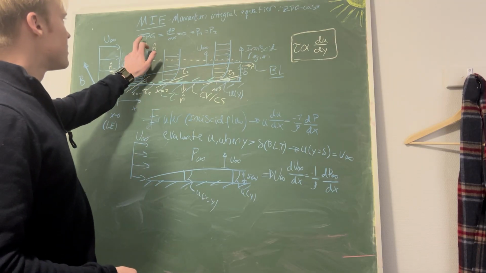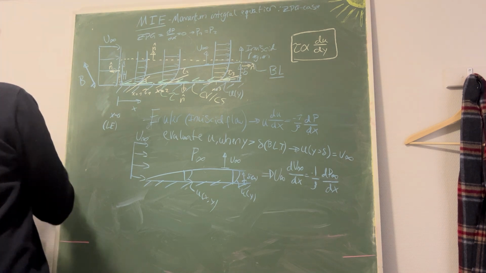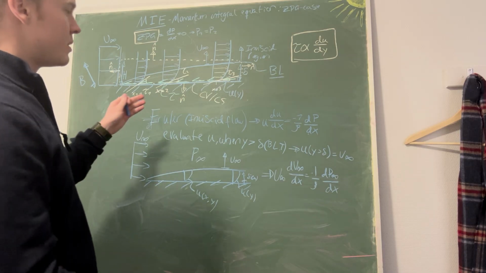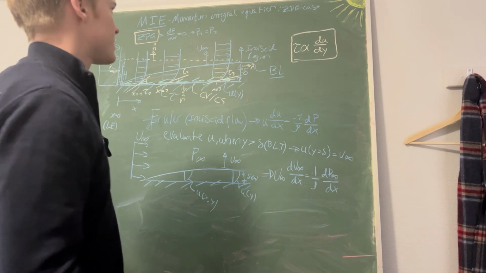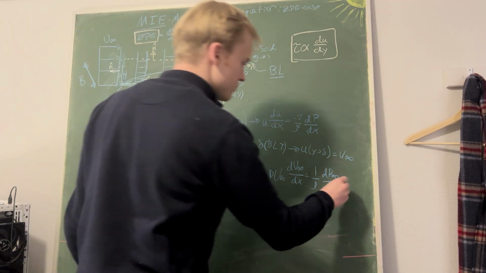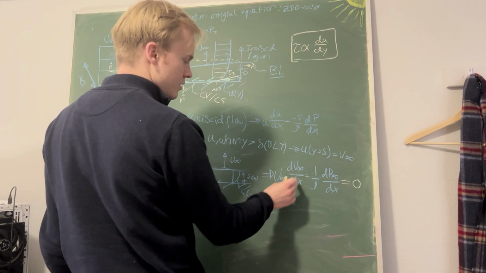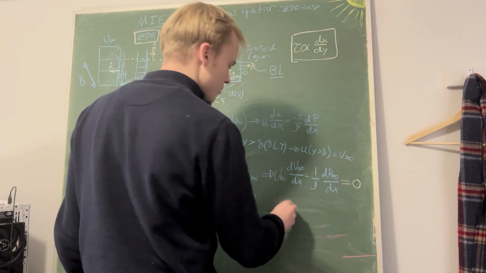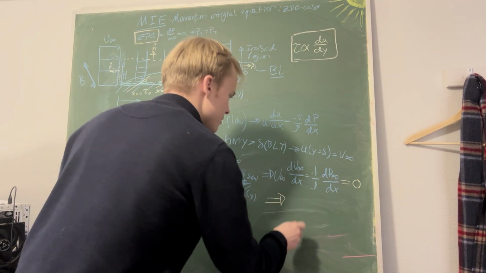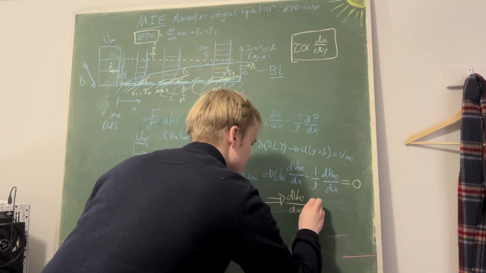Well, it's a ZPG case. The ZPG case. So dp dx or dp infinity dx, the change of the pressure, is 0. So that means that u infinity du infinity dx is equal to 0. So that also means that our du infinity dx is equal to 0.